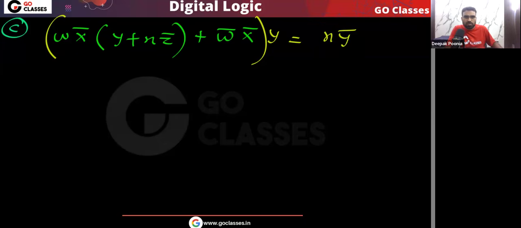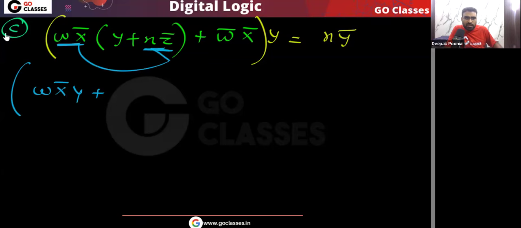So first of all, you can multiply. What you are going to get? Inside you will get W x bar Y, or if you multiply this W x bar with this X Z bar, then x bar and x, that will be 0.